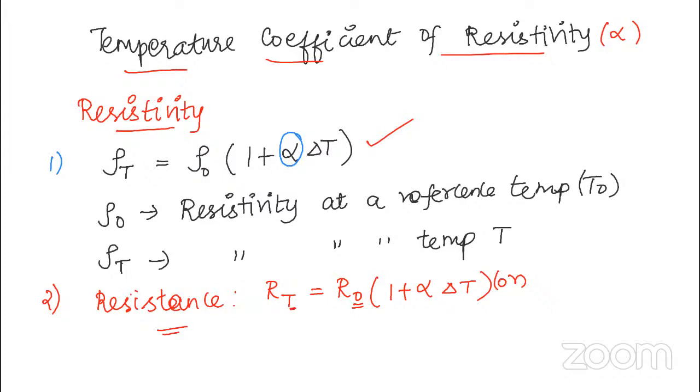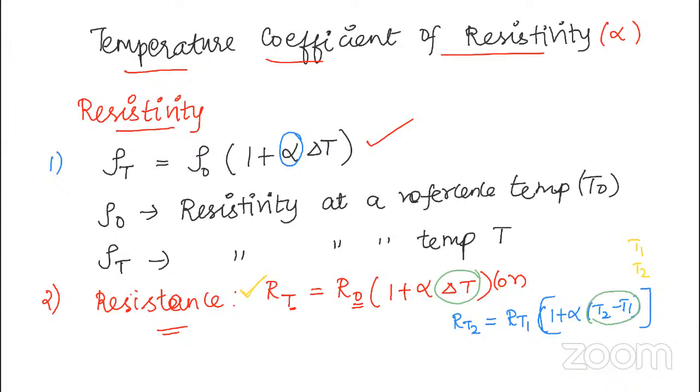Sometimes the temperature is started from T0 to T Kelvin, and we write it like this. Otherwise we usually take T1 temperature and T2 temperature, and then the formula is RT2 is equal to RT1 into 1 plus alpha into T2 minus T1. We can write it like this too. Here, instead of delta T, we are writing T2 minus T1. That's all.